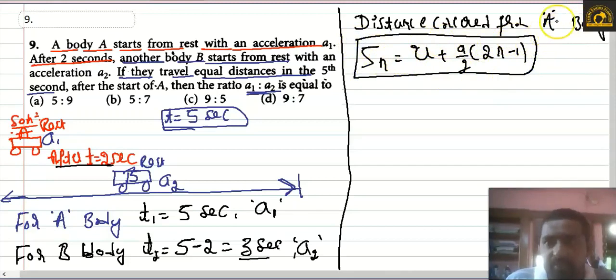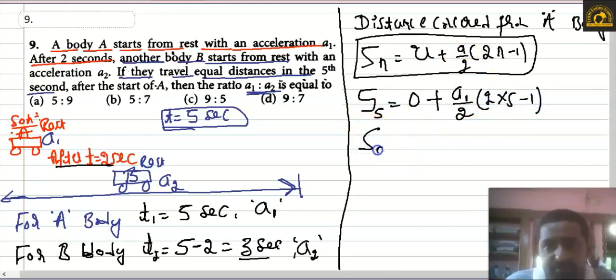Now the distance covered by body A in the 5th second is equal to u, which is 0 since it starts from rest, plus a1 by 2 into (2 into 5 minus 1). So the distance in the 5th second is a1 by 2 into 9, that is equal to 9a1 by 2.